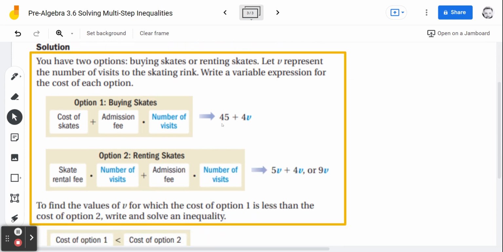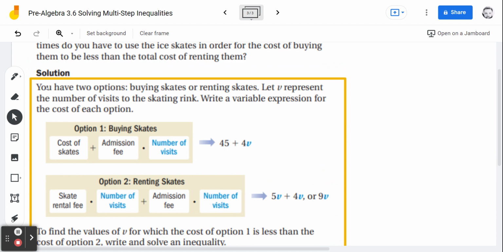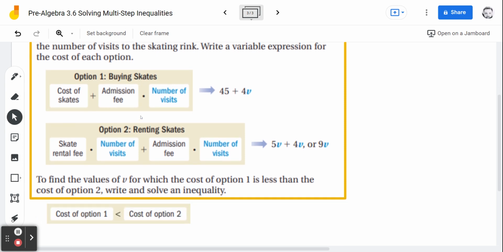Well, the first thing we need to do is, it says you have 2 options: buying or renting the skates. Buying the skates means you're going to add the cost of the skates, which is $45, plus the admission fee times the number of visits. And we don't know how many times we're going to visit. Another option is renting the skates.